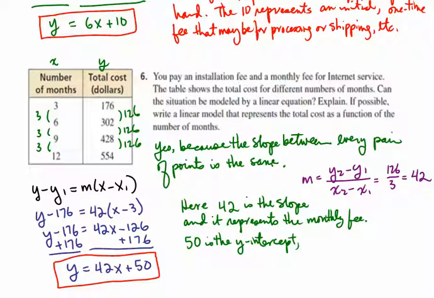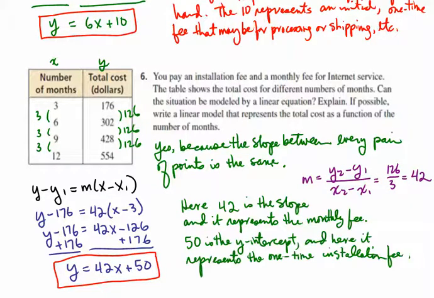The plus 50, on the other hand, is the y-intercept, and here it represents the one-time installation fee. And so we've written our linear model, and we've interpreted the slope and the y-intercept in the context of this problem. The 42, or the slope, represents the cost per month. The 50, or the y-intercept, represents the one-time initial installation fee.